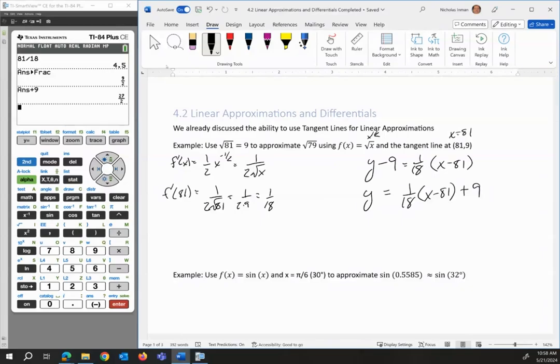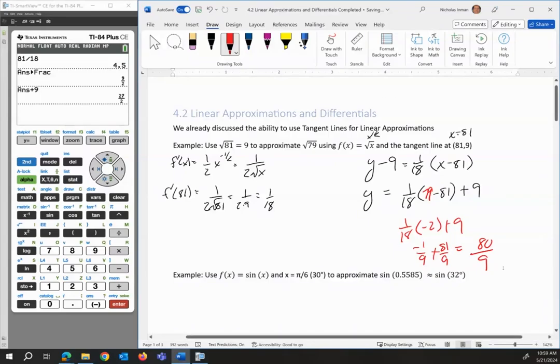So if we want to approximate the square root of 79, all I have to do is put 79 right here. 79 minus 81, we can do pretty much all this in our head, that's -2. -2 times 1/18 is -2/18, so -1/9 plus 9. That's 81/9 minus 1/9, so 80/9.